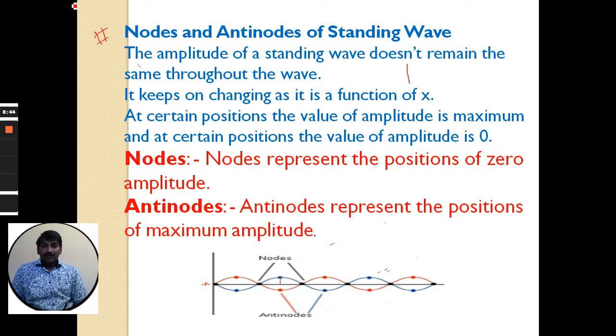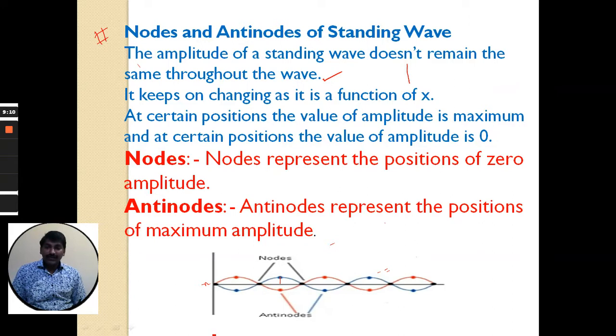Now, nodes and antinodes of a standing wave, how will they be? Whatever we have discussed, the amplitude of a standing wave does not remain the same throughout the wave. Obviously, it changes with the position of the particle. It keeps on changing as a function of x for the oscillating particle. Where the amplitude is 0, that forms a node.